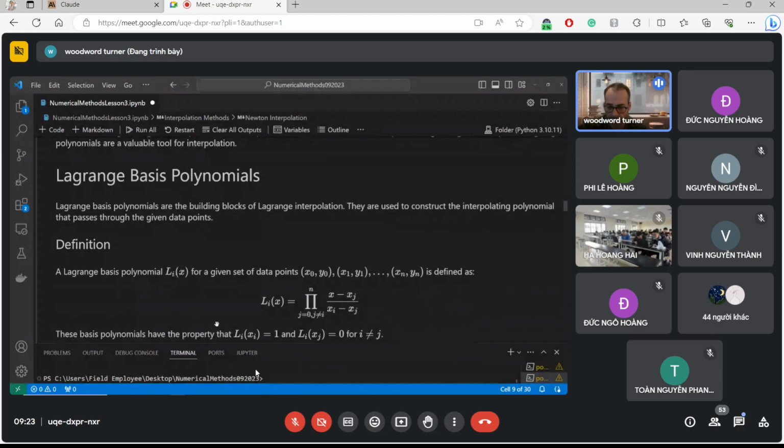So let's pick this apart a little bit and see what's going on. L_i of x is a function of x, and it's indexed by i. We'll have j go from 0 to n, and we do not want j to be equal to i, otherwise we would be dividing by 0. Then we're going to take products of these.